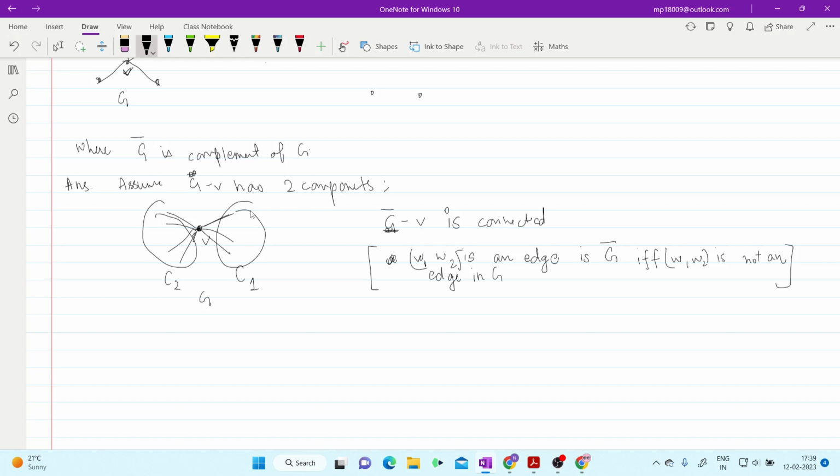Basically we have to show that if we pick any two vertices in G bar minus V, we can find a path between them. So suppose case 1: x1 belongs to C1 and x2 belongs to C2. Do we have in G bar a path from x1 to x2?